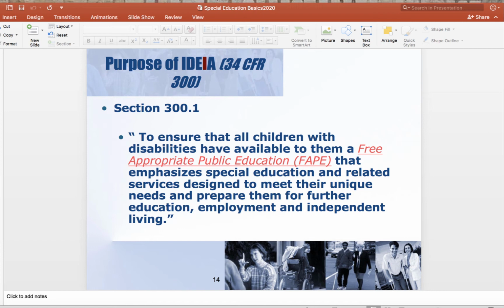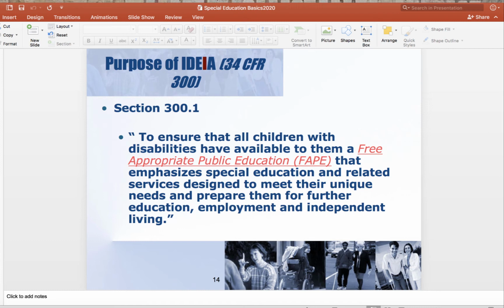Continuing with this statement, so to ensure that all children with disabilities have available to them a free, appropriate public education that emphasizes special education and related services designed to meet their unique needs and prepare them for further education, employment, and independent living. It's a huge charge. It's a charge we should have for every single child that walks into our educational system.